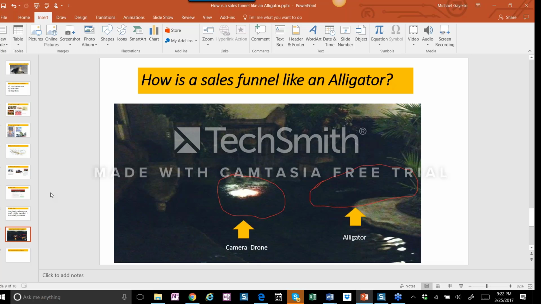See right here where the alligator pit is, and here's the drone.